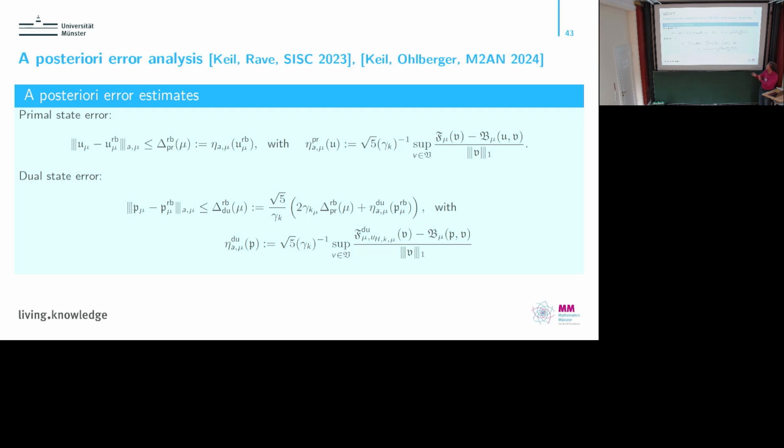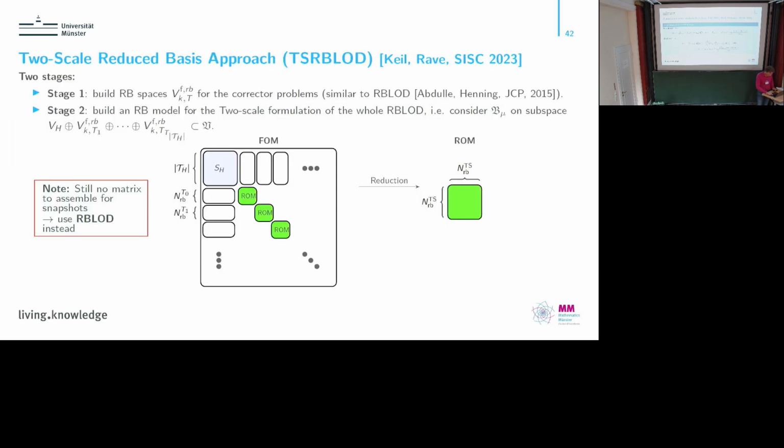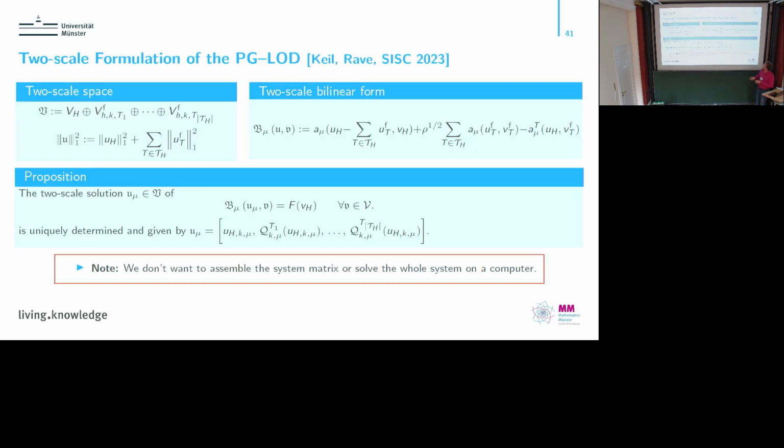Okay, and this of course can only be achieved if you, I come back to that. And this is why we have this rho parameter here. If this rho is chosen in the right way, so this is a stabilization parameter, it should be larger than 1, and we get this inf-sup stability of the bilinear form in this optimal way if we choose rho to be the overlapping constant of the patches multiplied with the contrast of the original bilinear form.